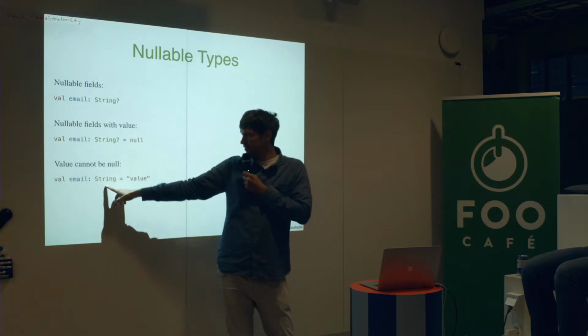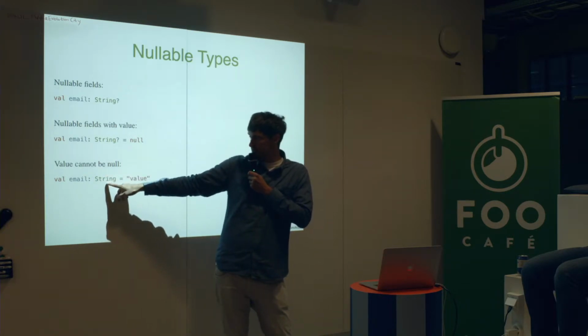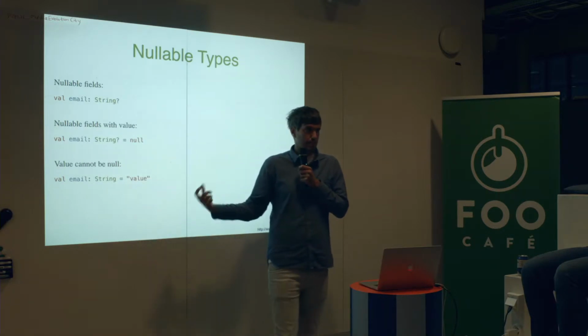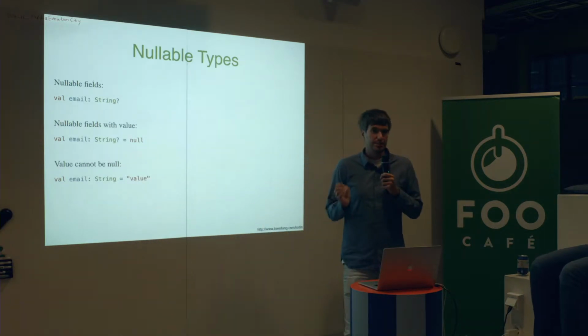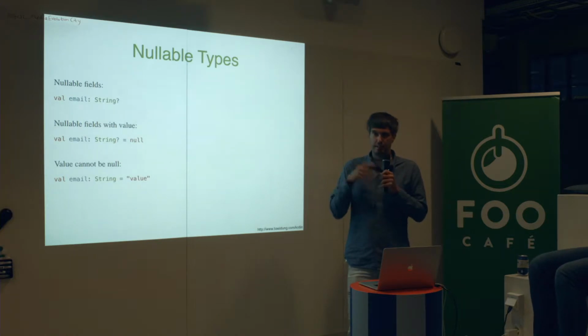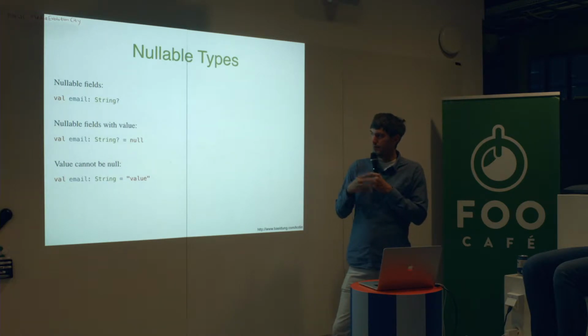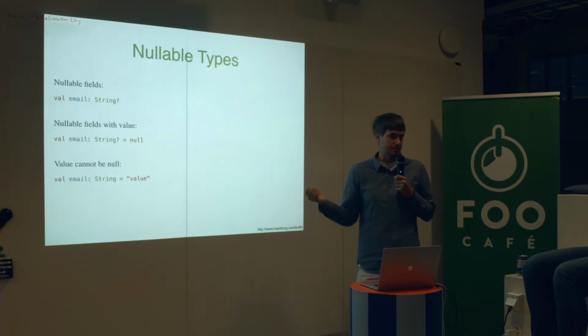But if you only declare the email to be String, you cannot set it to null. Then you will have a compile time error. And this is really good. I mean, null is this billion-dollar mistake. It's not something that we want to deal with, but we have to deal with it in most languages. So this can really help us. The compiler really helps us here in most cases.